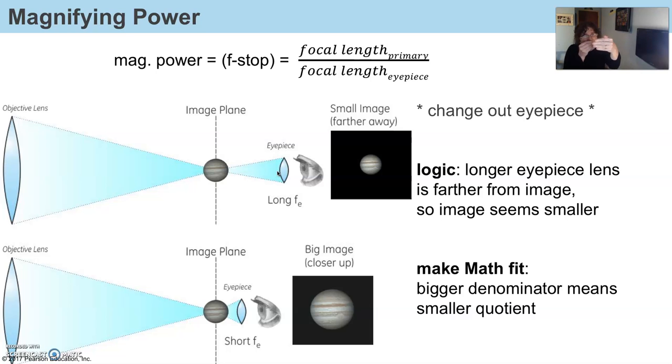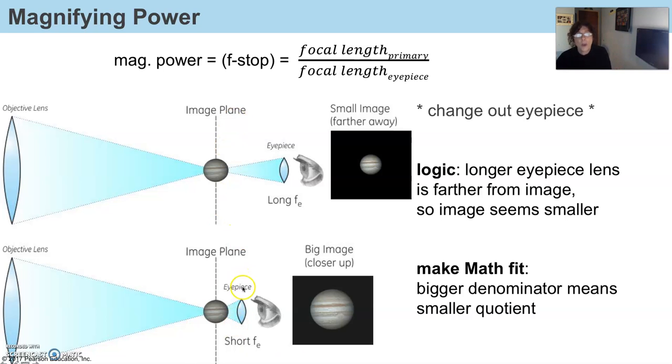So if the image is farther away, it seems smaller. And in fact, this is a smaller image that seems farther away with this relatively long focal length at the eyepiece. But you could change that out, and you could get an eyepiece that has a relatively short focal length. And then you are not so far away from the image, so the image seems bigger.